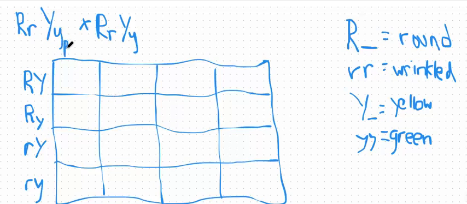The other parent has the same genotype. They're also heterozygous for both of these traits, so they're going to be able to make the same gametes: big R, big Y; big R, little y; little r, big Y; and little r, little y.